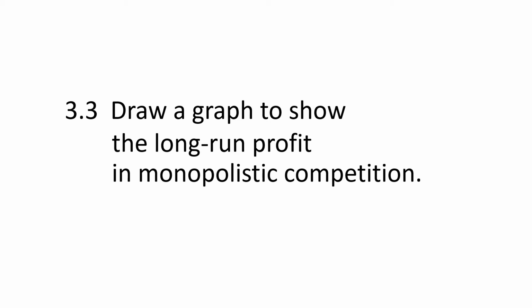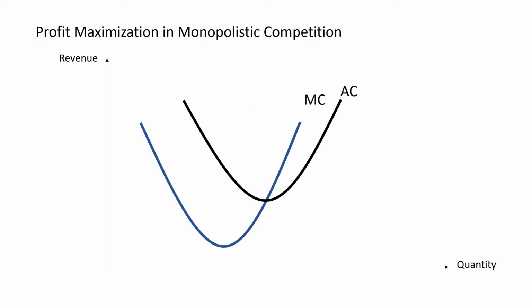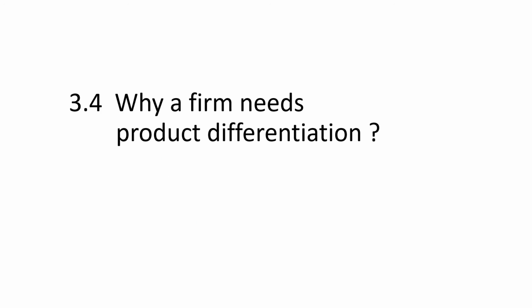You draw another graph to show the long run profit in monopolistic competition using the MC and AC with the AR and MR. You find that in the short run, firms in monopolistic competition may have excess profit, but in the long run, what would they gain? So you draw the graph to show the evolution.